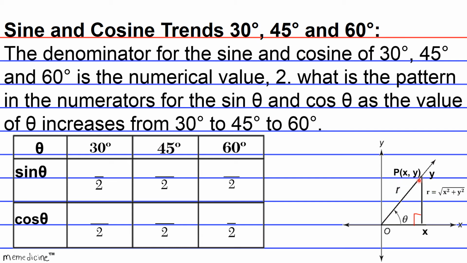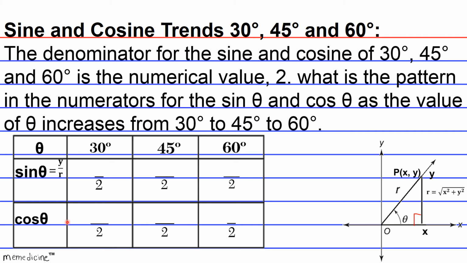R being our hypotenuse. And earlier, I told you that the numerical value of the denominator for all these is 2. Well, that's because our hypotenuse is 2. But let me show you why. The sine of any angle theta is going to be equal to the y-coordinate, or opposing side, over the hypotenuse length, or for our purposes, y over r, the y-coordinate divided by the segment length, or the opposite side divided by the hypotenuse.